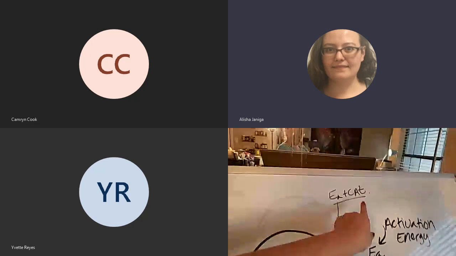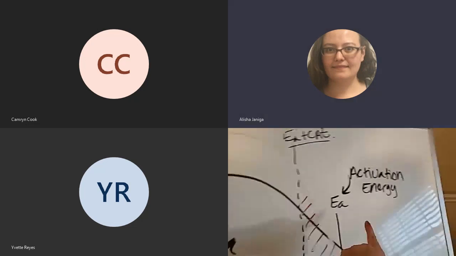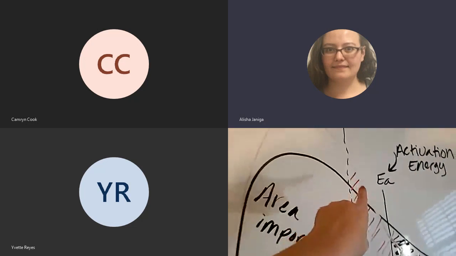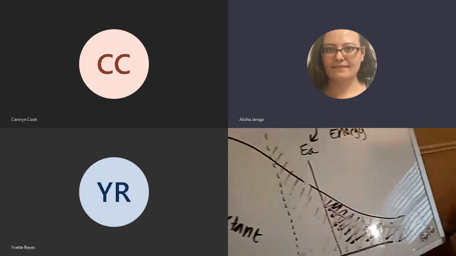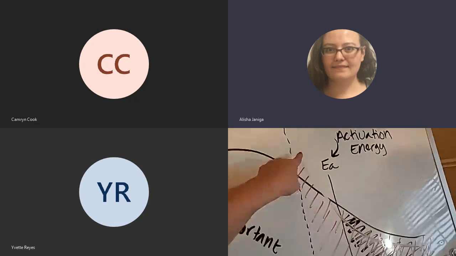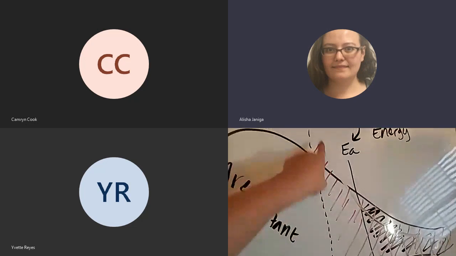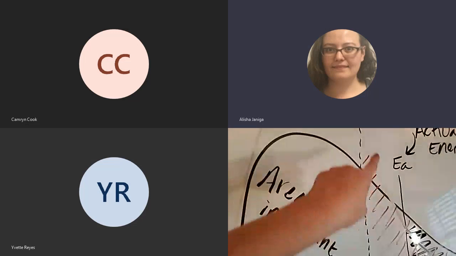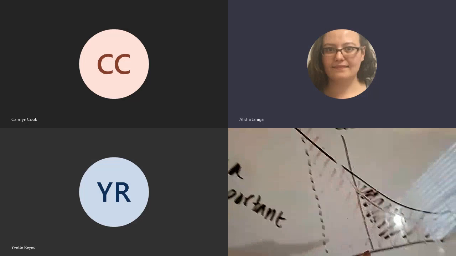So we said the catalyst lowers activation energy, so it brings it closer to the left. And when we do that, we have more area under these curves. So see, now our lower temperature can react more. We have more particles at low temperature that can react, and our particles at high temperature have more particles that have enough energy to react.